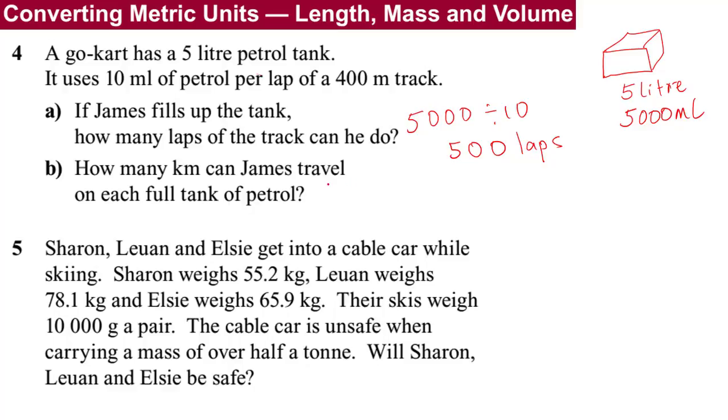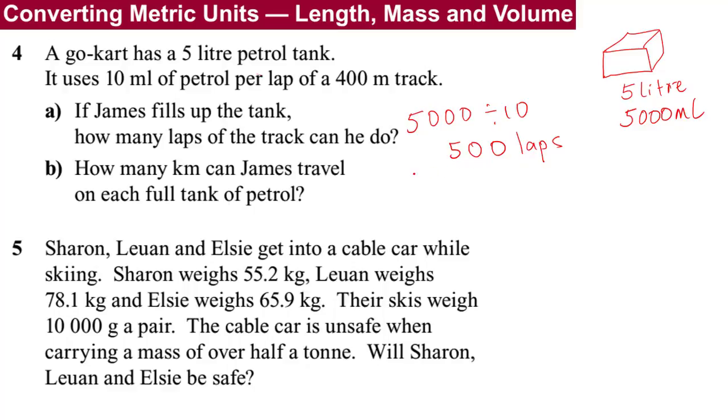The next one: how many kilometers can James travel on each full tank of petrol? Now, one thing we know is that one full tank of petrol is doing 500 laps. All we need to do is to change this into distance.